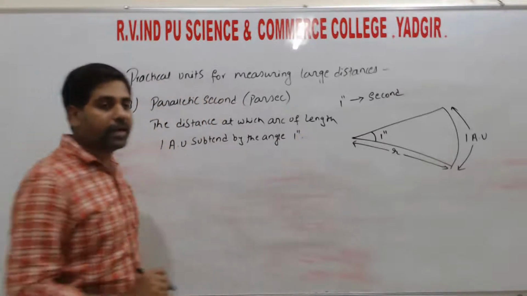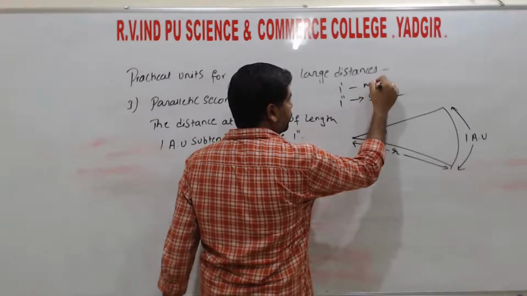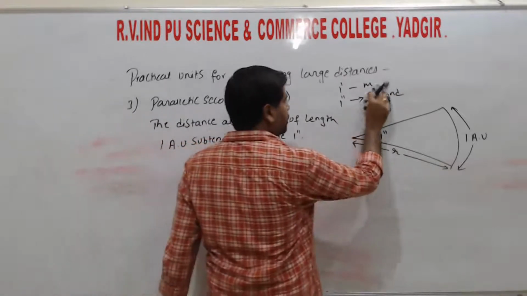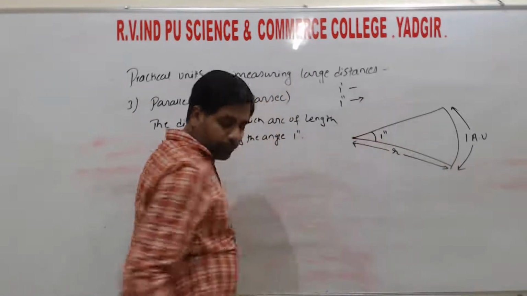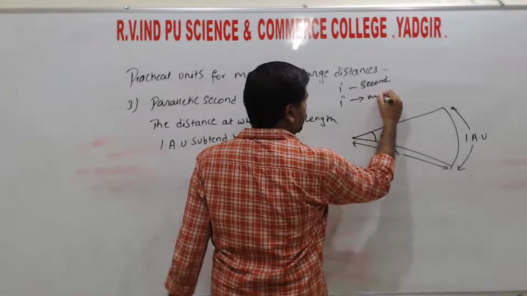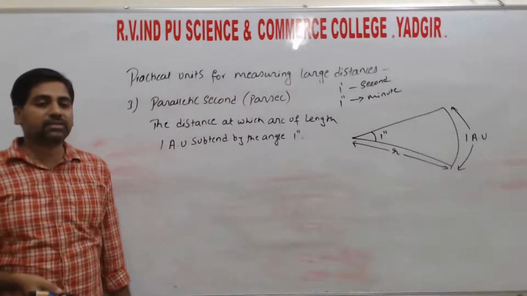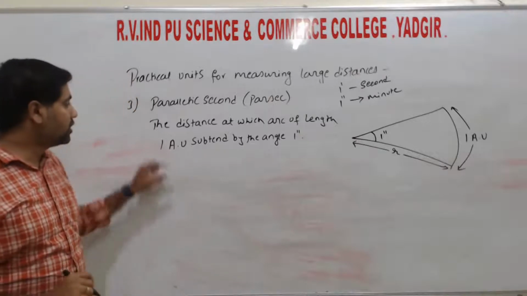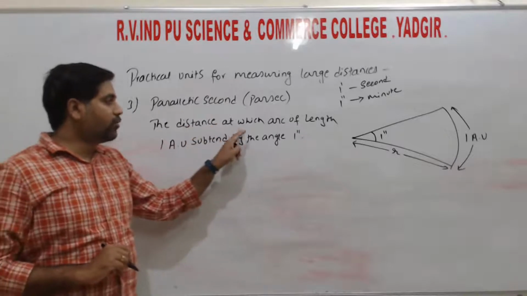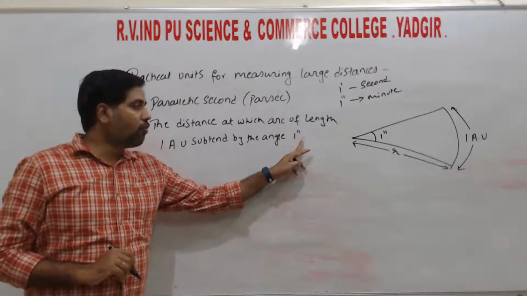For minute we have a single dash, sorry, this one is the second and here is the minute. Double lines represent the second and a single line represents the minute. So this is the definition of the parsec: the distance at which the arc of length 1 astronomical unit subtends the angle of 1 second.